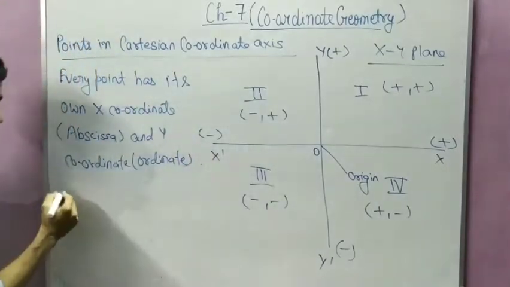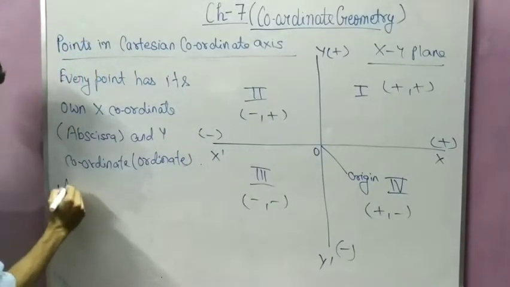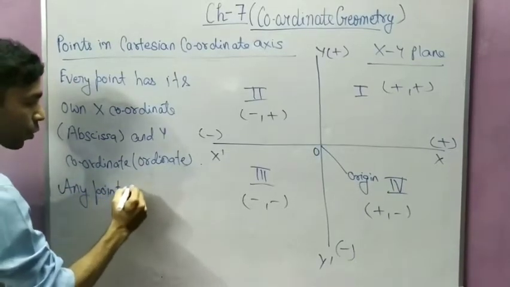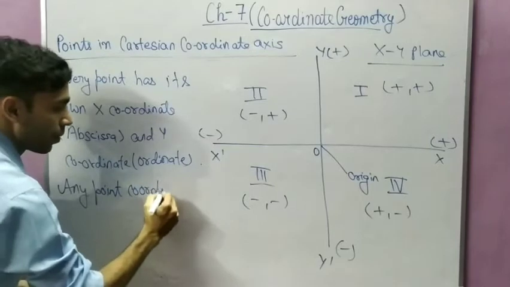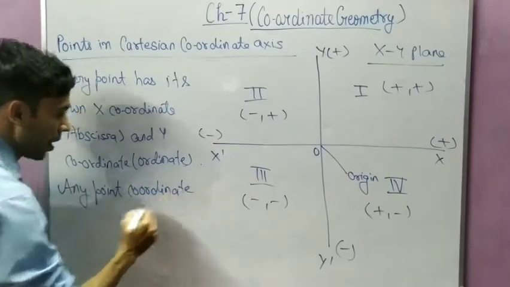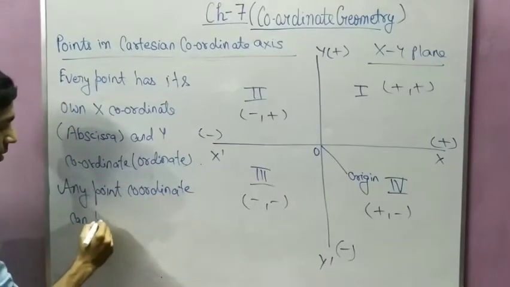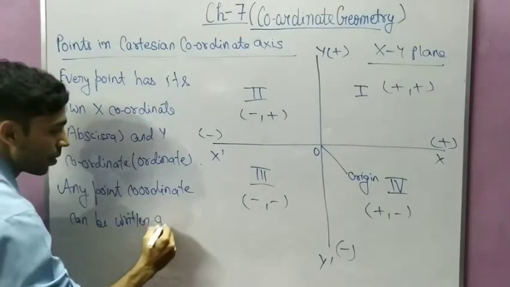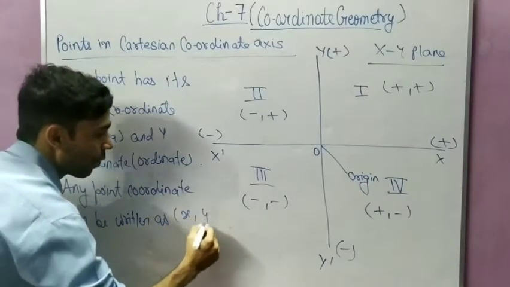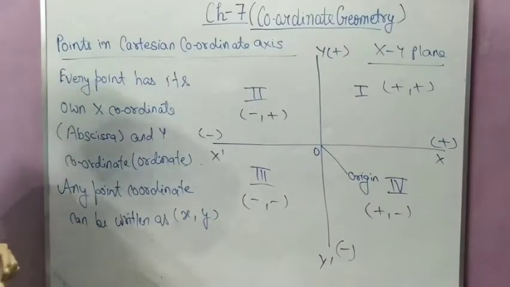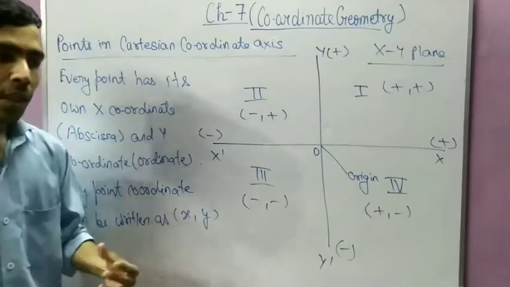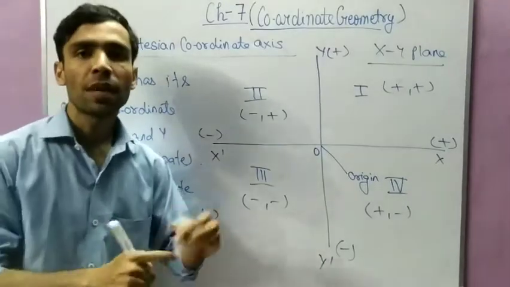So we can say any point's coordinates can be written as x comma y, because in every point there is x and there is y.